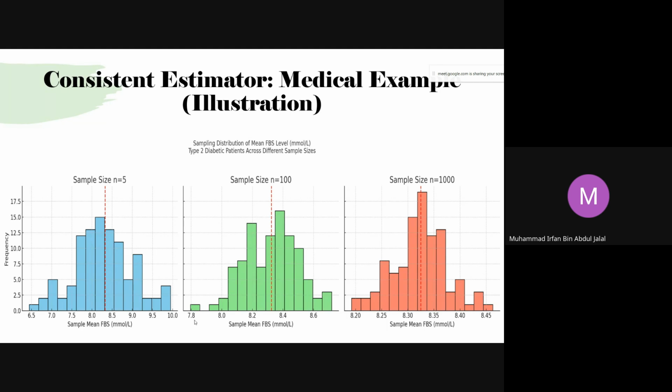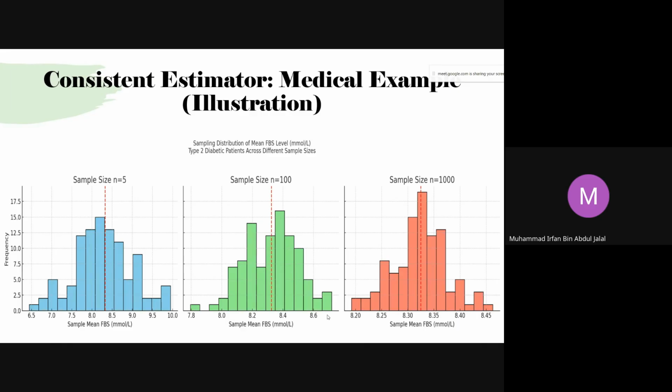And tadi 6.5 until 10 in terms of the sample means, now between 8.2 until 8.45. And then the mean of the sampling distribution of the sample means is here, which estimates the true population mean of the fasting blood sugar.